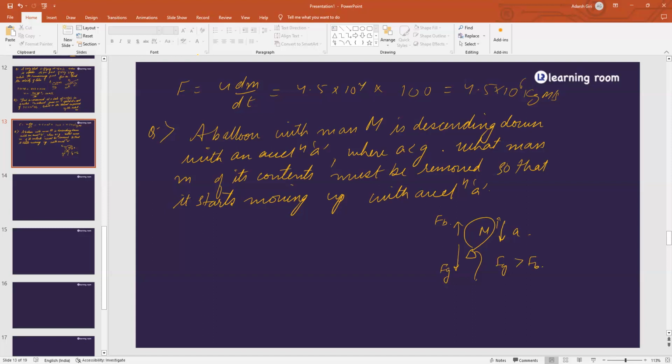Let us say I took out small m from it. Now the force of buoyancy is the same in both cases, but the weight has decreased. Earlier it was Mg. Now it is (M minus m)g. So slightly lesser than the earlier case. So now F_B is greater than F_G, and it is going up with an acceleration. You have to find what mass is to be removed so that it goes up with the acceleration.